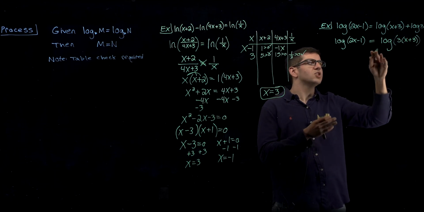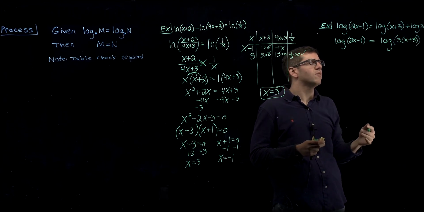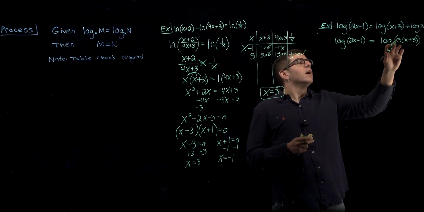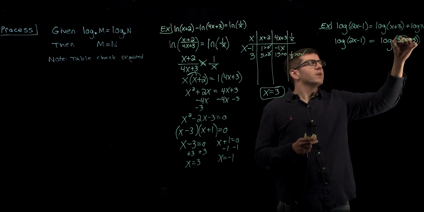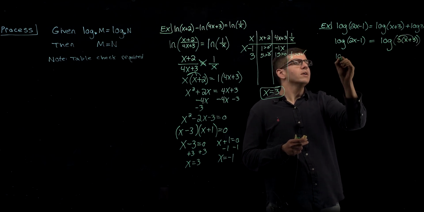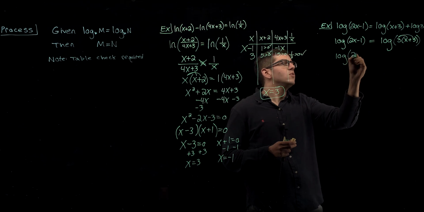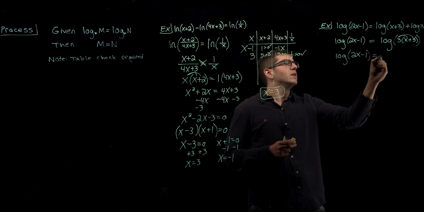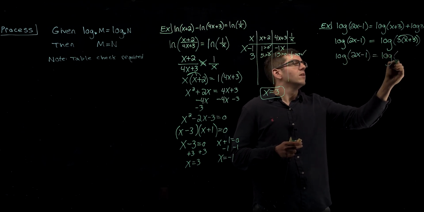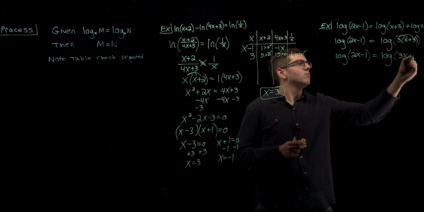Remember, with multiplication, you can write it in whichever order you prefer. And now if we distribute this 3, we'll get log of 2x minus 1 is equal to log of 3x plus 9.